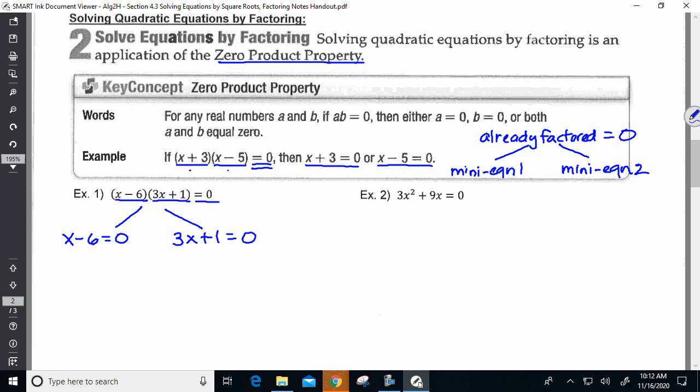So x minus 6 equals 0, x equals 6. 3x plus 1 equals 0, so 3x equals negative 1, x equals negative 1/3. There are your two answers.